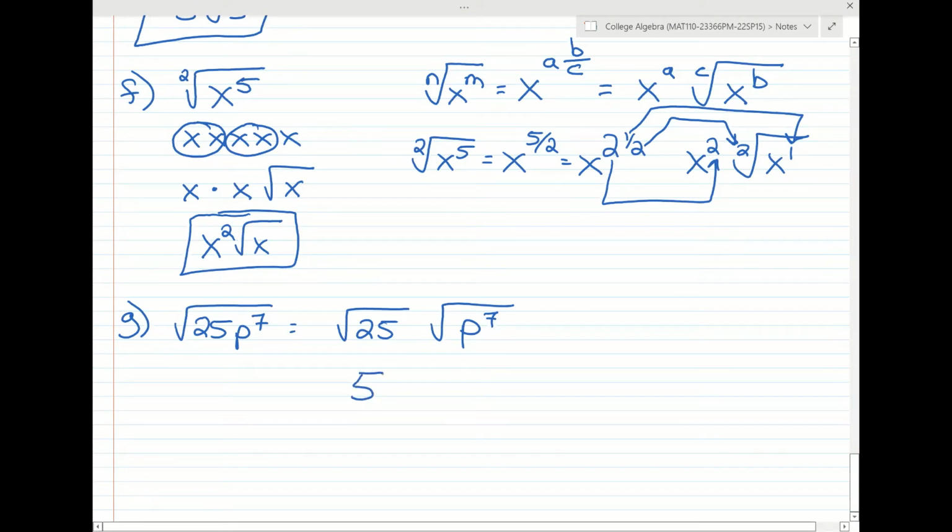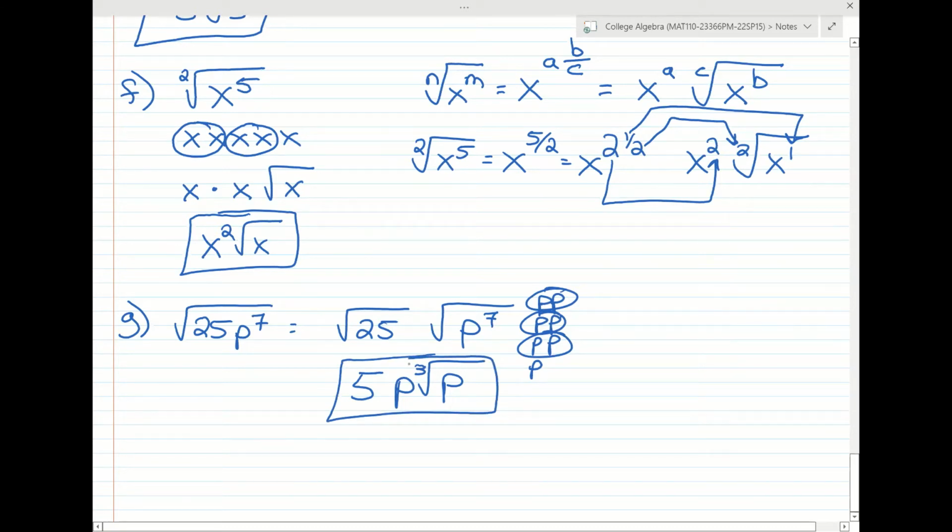And then p to the 7th, this is an example where we could do it one of two ways. If you want, you could write p 7 times. Looks like there's 1, 2, 3 groups with 1 left over. That would be the answer.